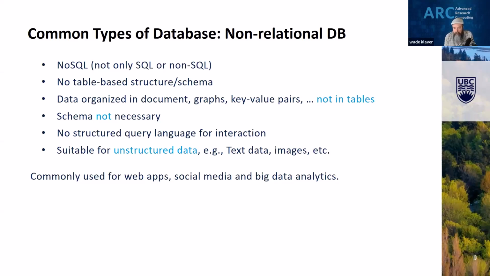You'll see the point on here that schema is not necessary. Schema refers to the definition of all those tables and how they relate to each other. And with something like a document database, it's just a document. That's the end of your schema. The document can, in essence, be self-describing. So these can be used for all kinds of different data.